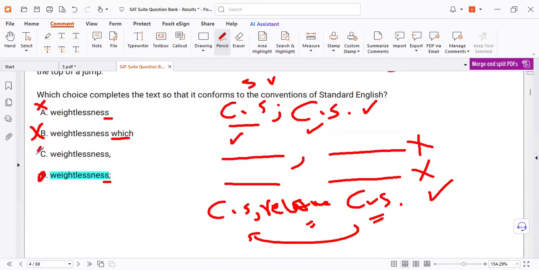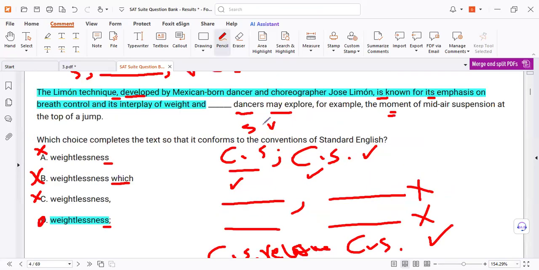So A and C are common mistakes, but B has correct structure and wrong meaning. Letter D has correct structure and correct meaning. Please check. After the semicolon, it must be closely related information. Yes. So explain how or what the technique is, how the technique works.